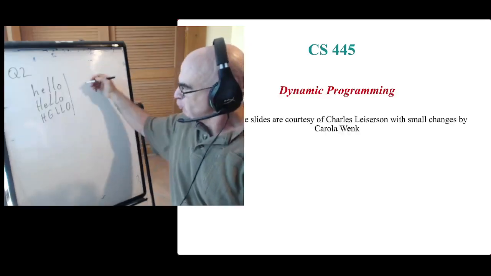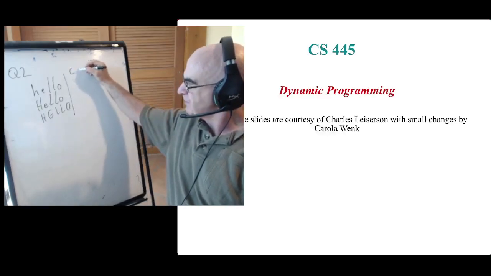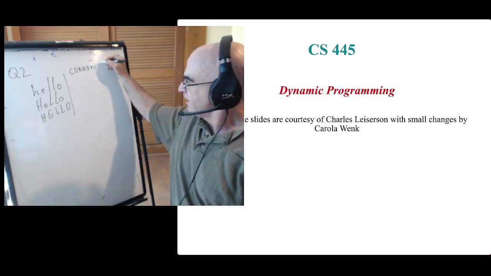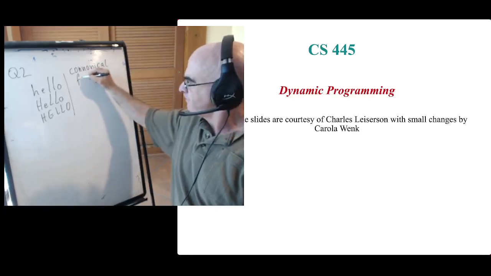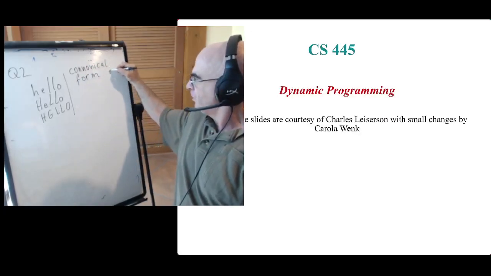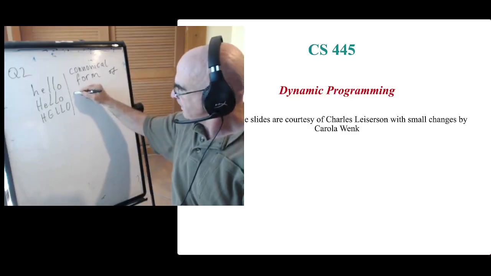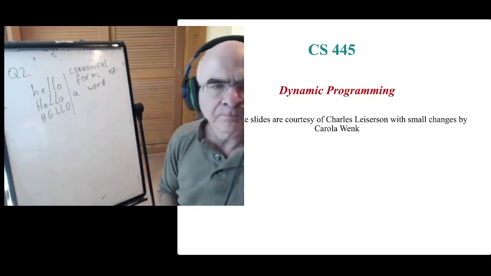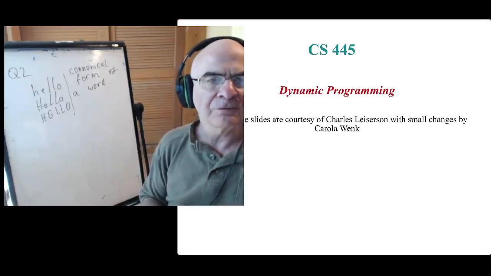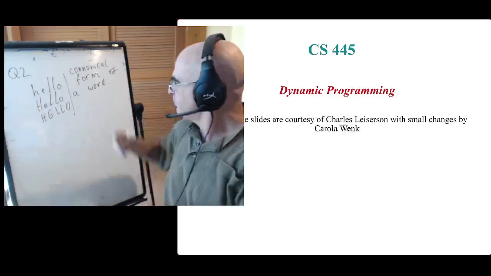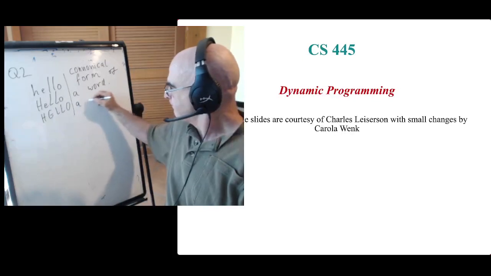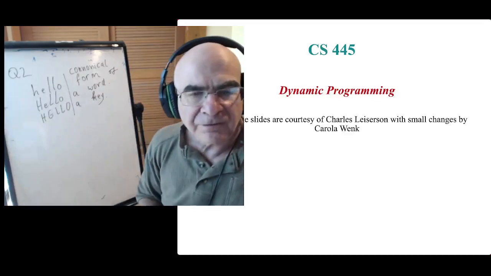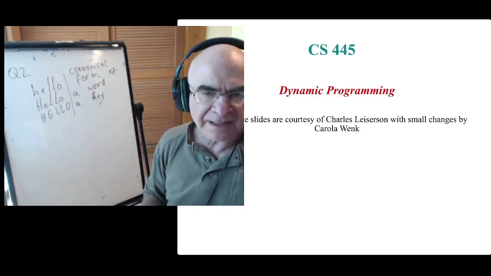So the way we solve problems of this form will be to define the canonical form of a word, a canonical form of a key. What a canonical form is, is whatever you want to define as a canonical form.